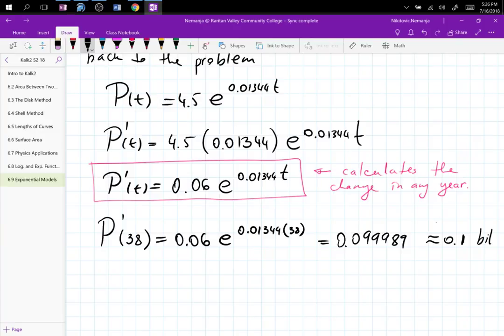It doesn't seem like 100 million, yes. 0.1 of a billion is 100 million, right? So we will be adding 100 million.